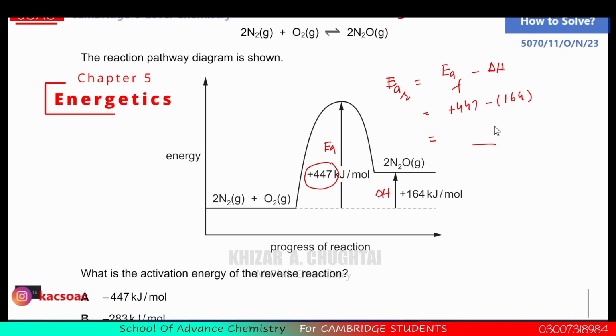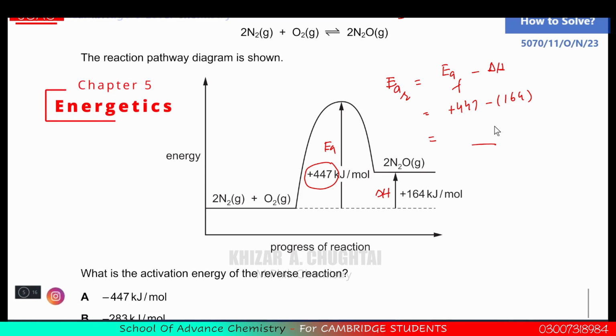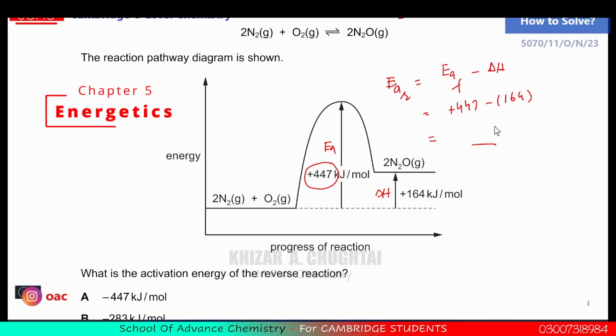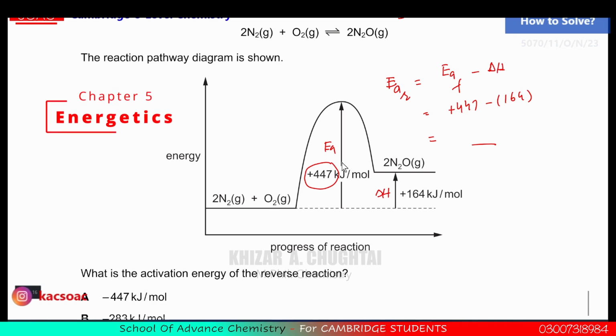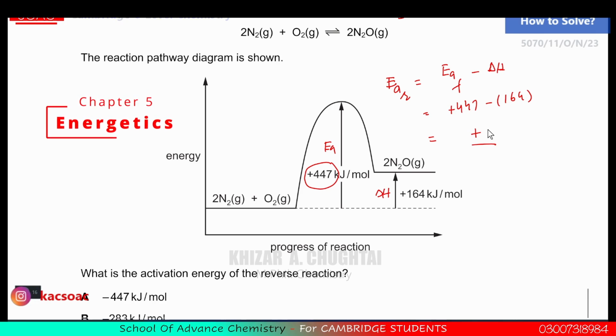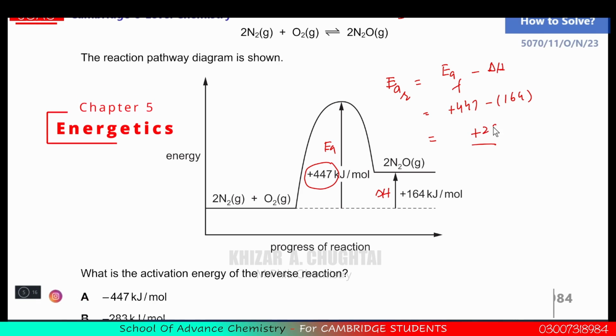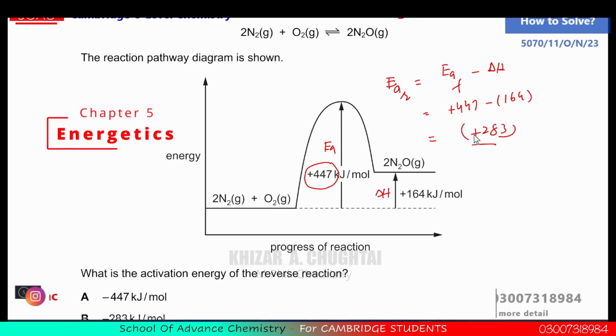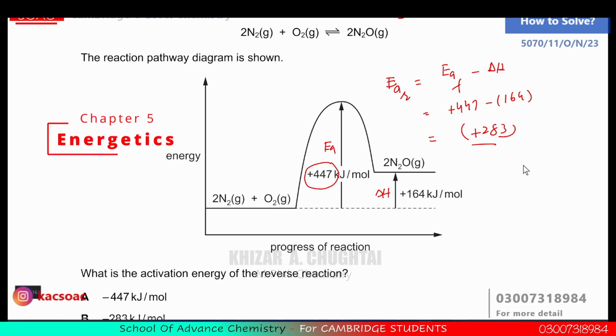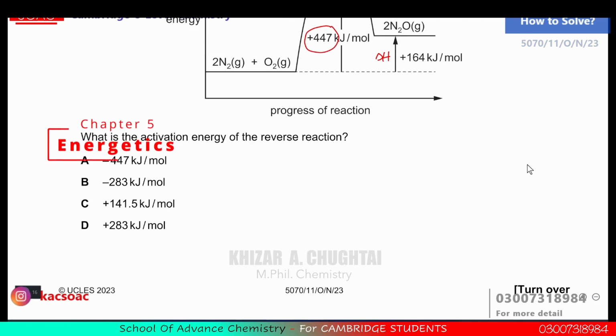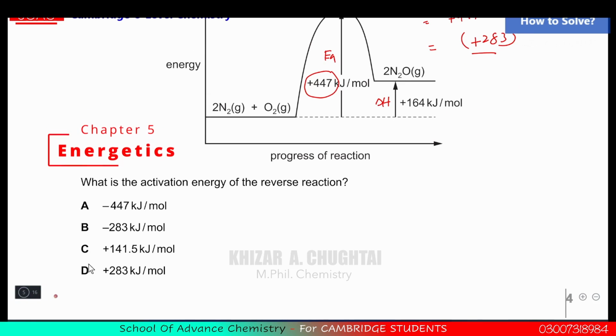So 447 minus 164 is 283. Activation energy is always positive. Plus 283 is the activation energy for the reverse reaction. So D is the correct option.